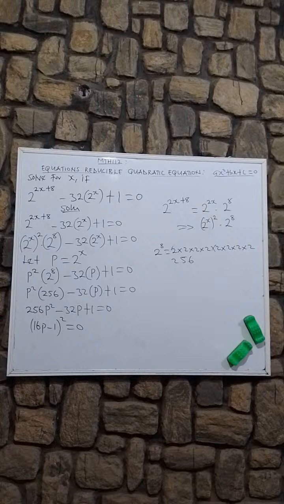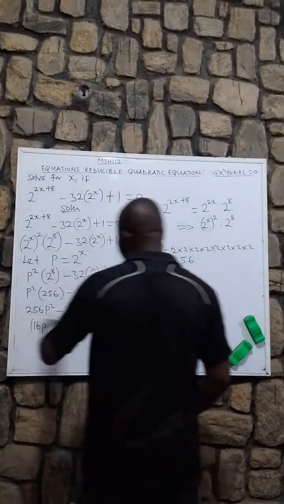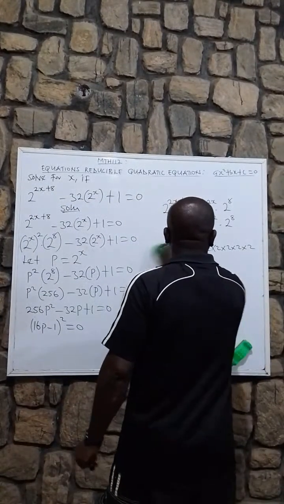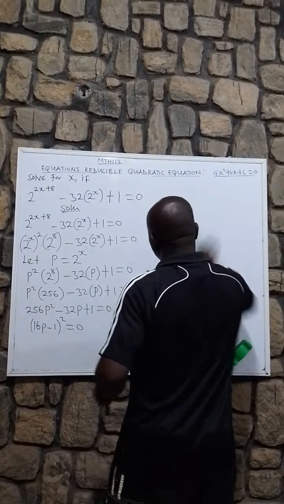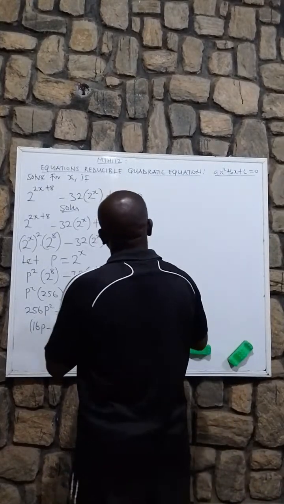But the fastest approach is this: 16p minus 1 all in square. It will still give you back this. So far so good.